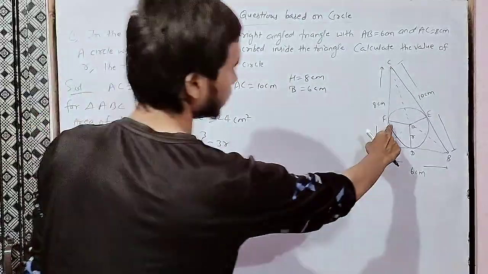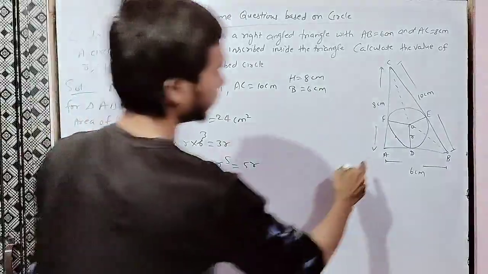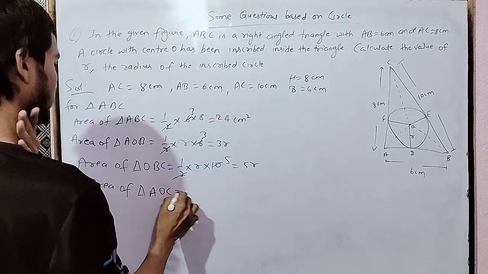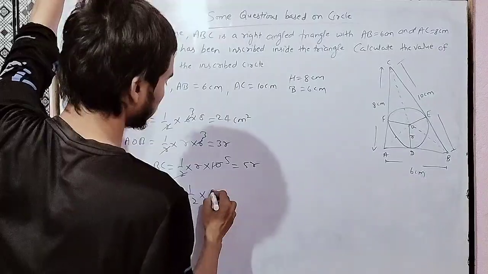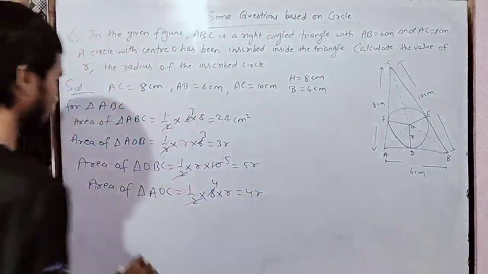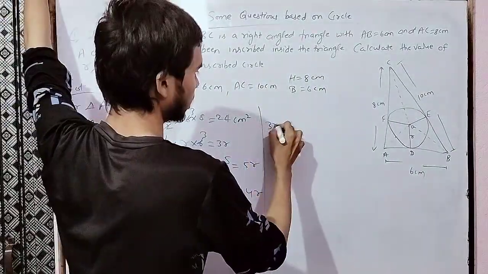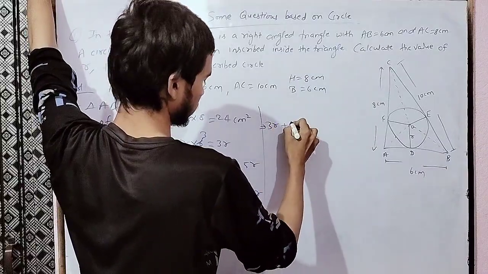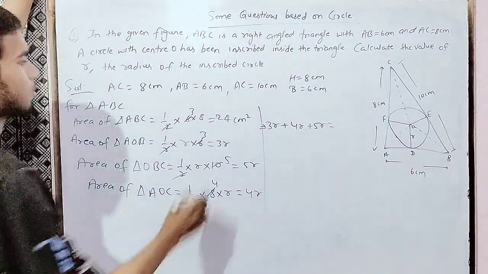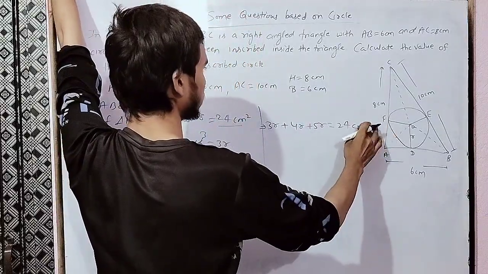Now next, that is the last, area of triangle AOC. 1 upon 2, base is 8 centimeter, and R is the height. So 2 fours are 8, and it is 4R. Can we say 3R plus 4R plus 5R will be equal to 24 centimeter square?